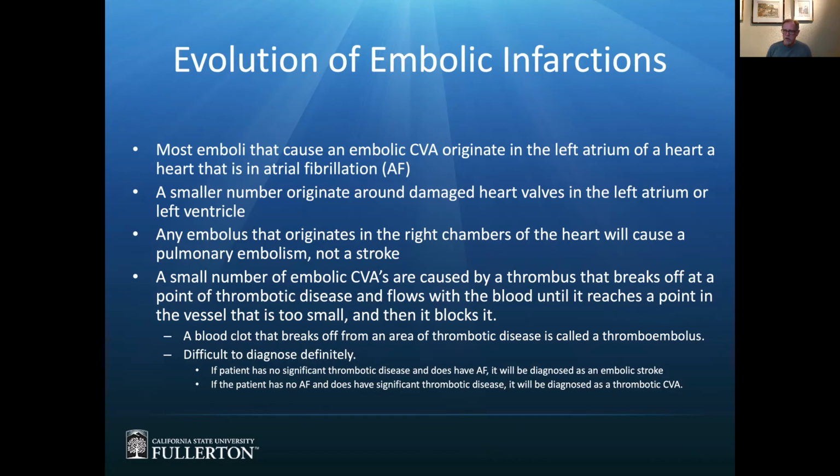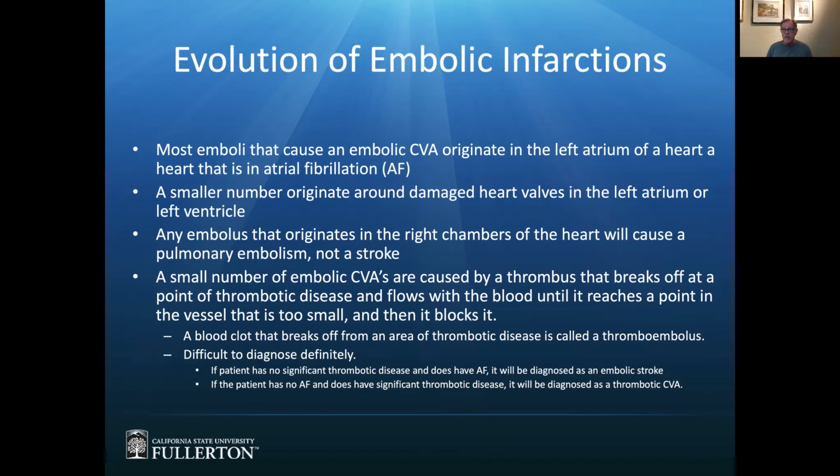It is difficult to diagnose, and we'll look at the diagnostics later in this series. But it's a little hard to diagnose because what they're going to do is an ultrasound test called a carotid Doppler scan of the neck. If they see the thrombotic disease process going on and it's severe enough that it could cause a stroke, and the person doesn't have atrial fibrillation, they're just going to assume it was a thrombotic stroke.